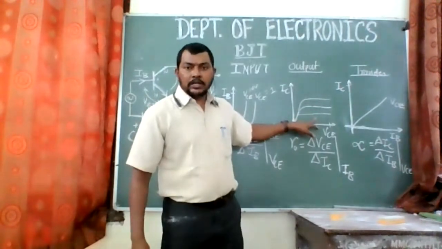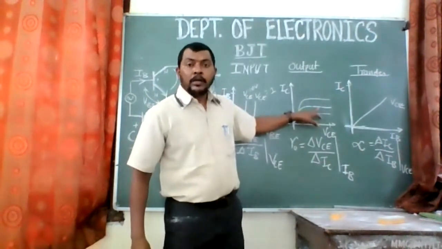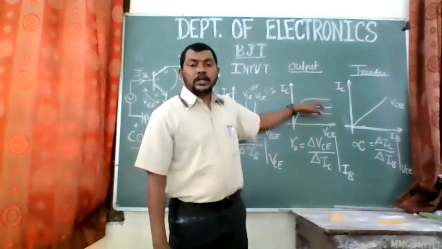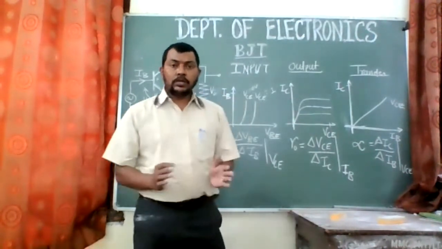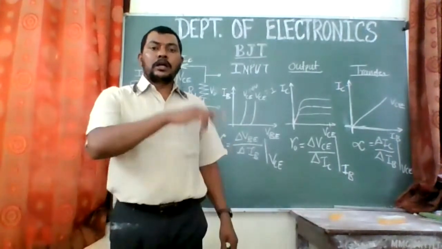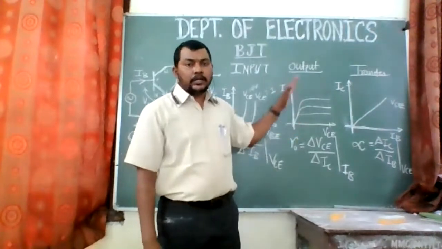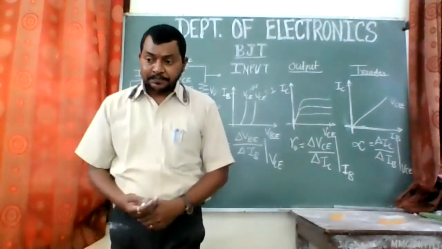Here we have kept the base current equal to 0, here 20 microamperes, and here 40 microamperes. If you go on increasing the base current, the collector current also increases. This is what you are expected to write in the output characteristics.